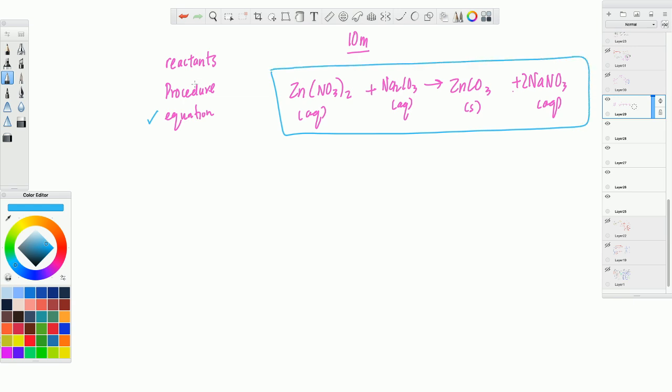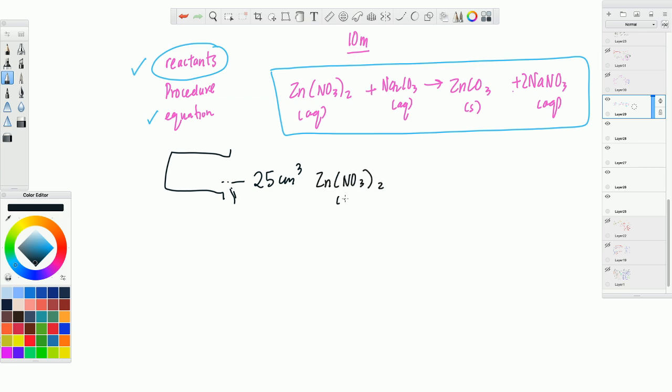Now before you do the reactants, you just write it down in words. Zinc nitrate solution and sodium carbonate solution. Okay, so that's also done. Now your procedure, before you do a procedure, you must know how it looks like. You don't know how it looks like, you cannot do anything. So you have to have 25 centimeter cube of zinc nitrate solution.